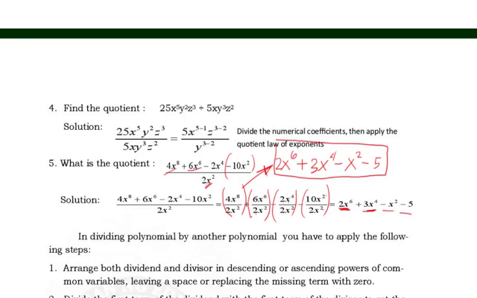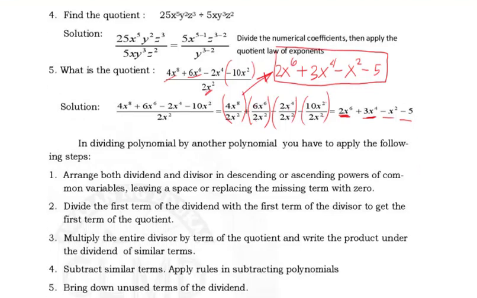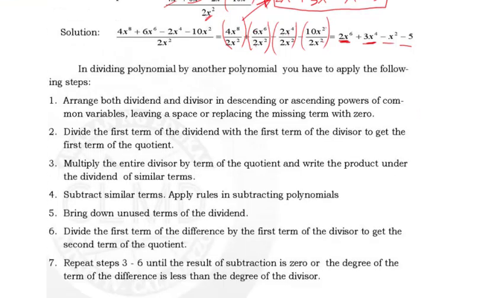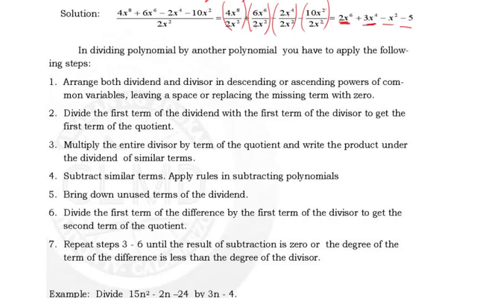Meron pa tayong isang way to divide polynomial. Sabi rito, in dividing polynomial by another polynomial, mas mahirap-hirap po ito. So, ang una natin is monomial by monomial. Sunod natin ay polynomial by a monomial. Ito naman po ay polynomial by another polynomial. You have to apply the following steps.